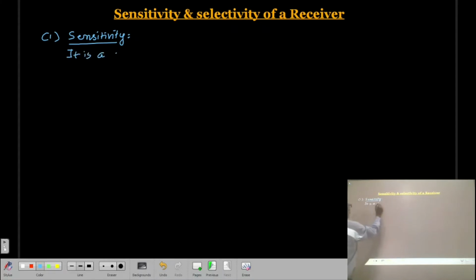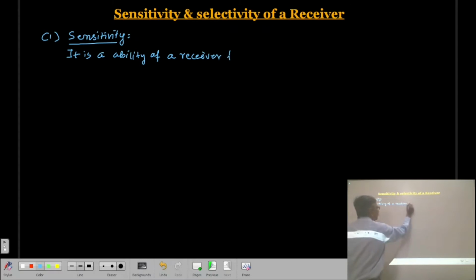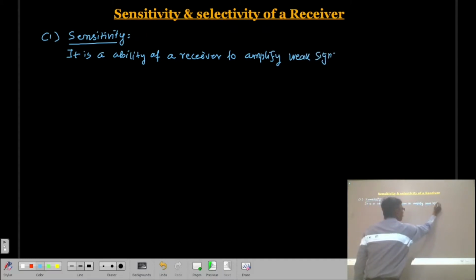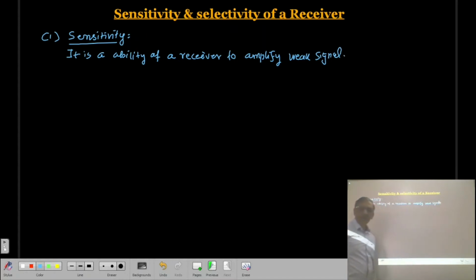It is the ability of a receiver to amplify the weak signal. Correct? And it is measured in terms of voltage.